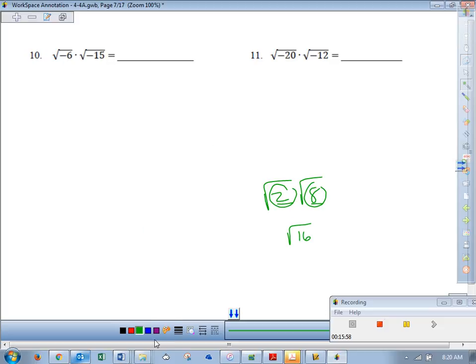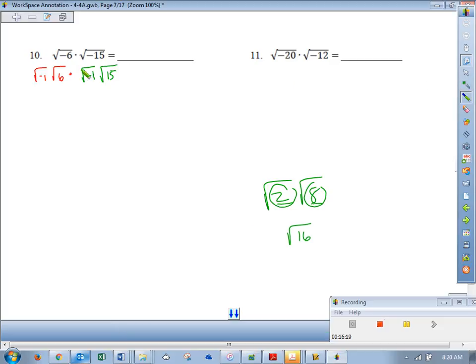So, go in old school. This guy, don't you always pull out the square root of negative 1, and you'd be left with the square root of 6, right? On this guy, I'm going to pull out the square root of negative 1 and pull out the square root of 15. Just splitting them up. Awesome? Then, these, we know. What's the square root of negative 1?